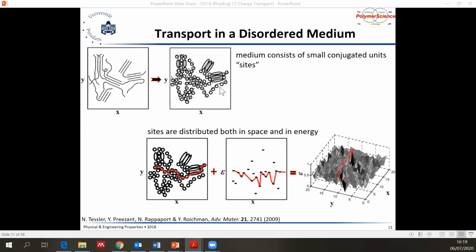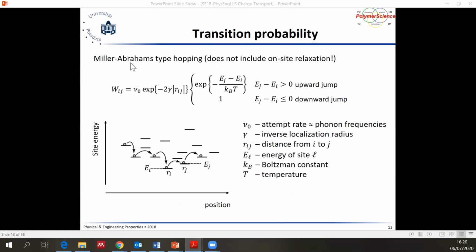So each conformation is a site with a different energy level, and we have to see how these sites are distributed in space and in energy. Two models are used. The first one, which is rather nice and more friendly, is called Miller-Abrahams type hopping.